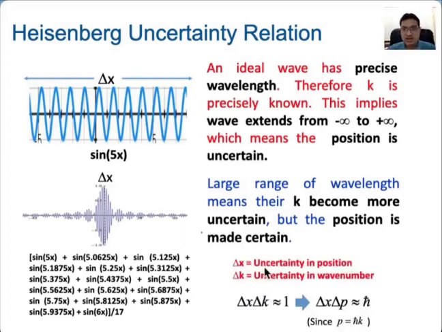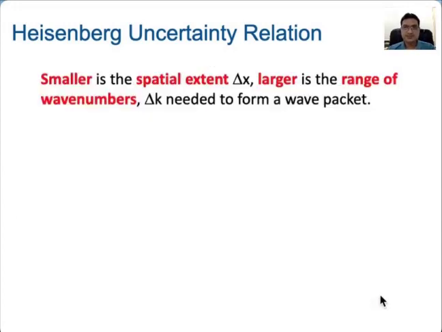Okay, so delta x is the uncertainty in position. In this case your delta x is very uncertain but your k is certain. In this case your delta x is very certain but your delta k is very uncertain. So delta x delta k always remains about 1, and if you want to convert this delta k into delta p, then it will be your h cross.